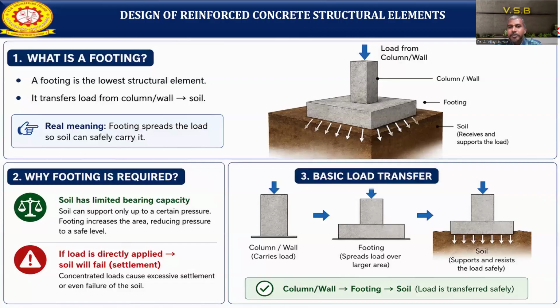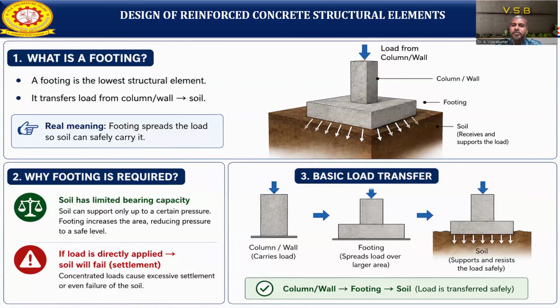So we already discussed the basic load transfer, how the load is transferred from the top to the bottom. Initially the load is carried from the roof, and if you have a floor, that also takes the load. Then the beam, then the column, with first floor, second floor, third floor, like that. All the load goes through the column and is transferred to the bottom of the column.